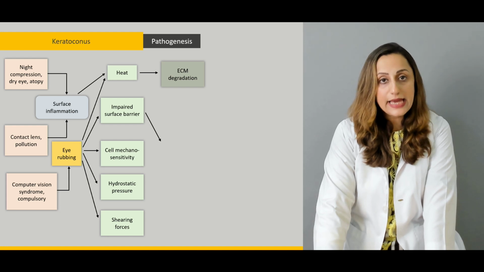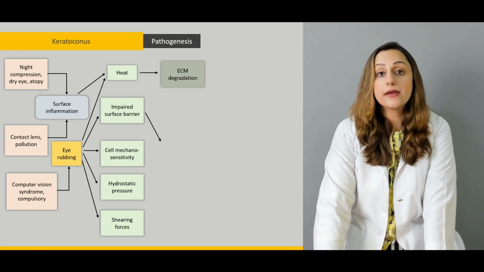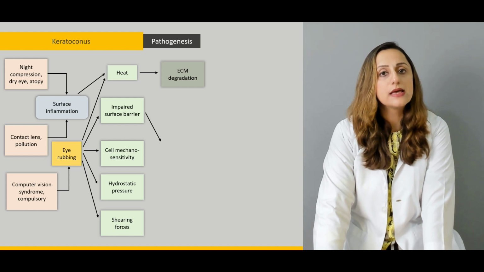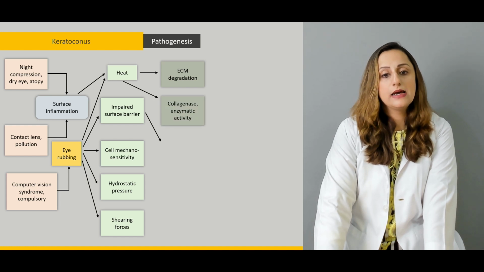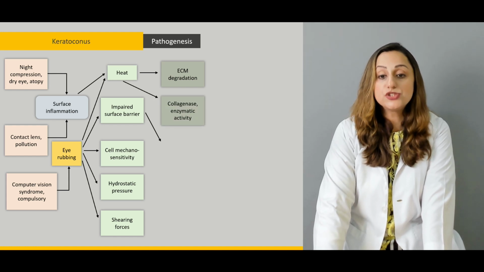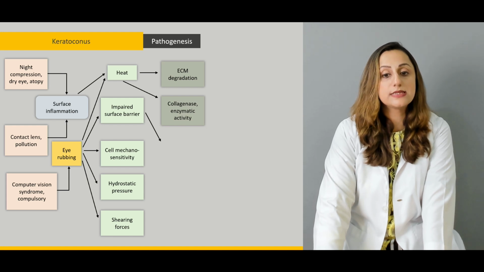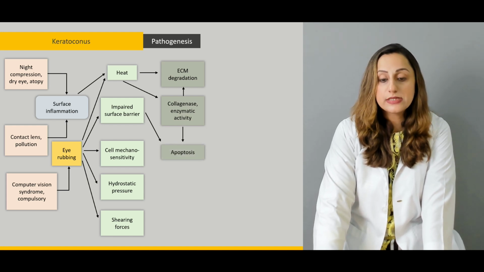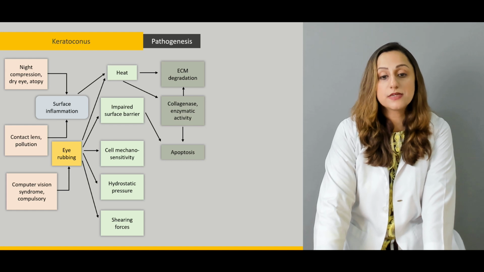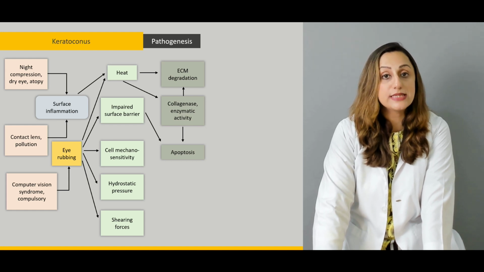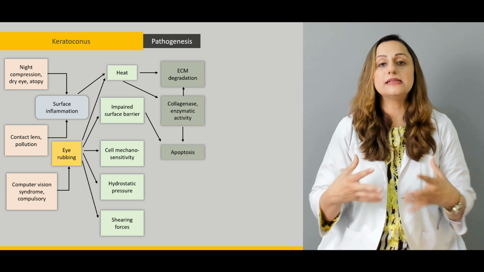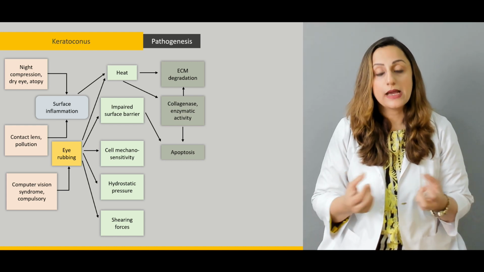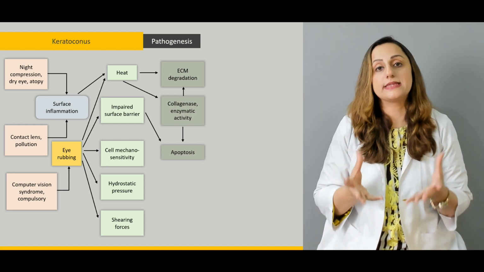Whatever the epithelium is, we are talking about a stratified squamous epithelium over here, but still it is going to cause a degradation of the epithelial cells. Again, in return, there can be collagenase enzymatic activity, which comes into action in such an instance. The impaired surface barrier can initiate the process of apoptosis in these individuals. So this is basically a cell death phenomenon. Apoptosis is the death of the cells.